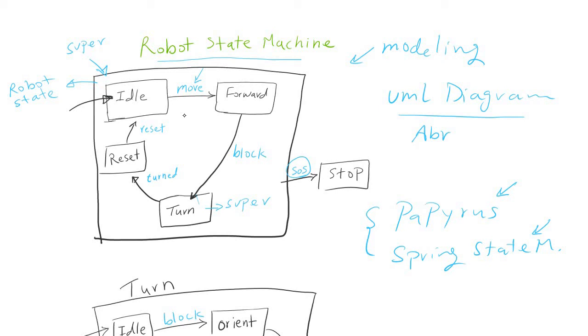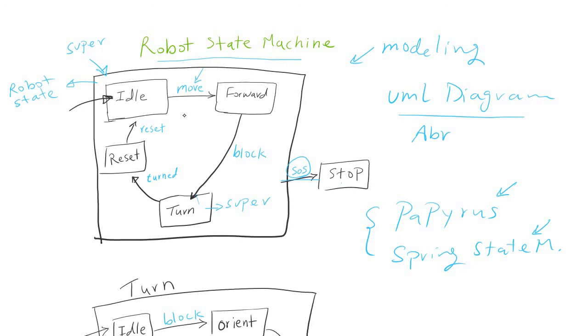So we simplify: instead of drawing a line from each state to this new state, we put all those states which use the same transition in one super state, and then we simply say that this super state, when it gets this event, will go to the new state, stop.